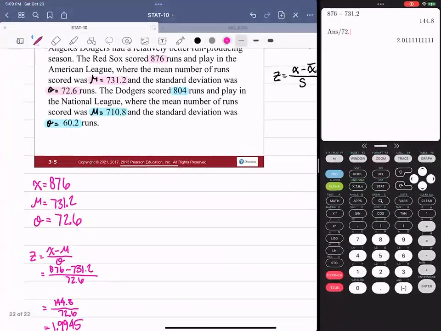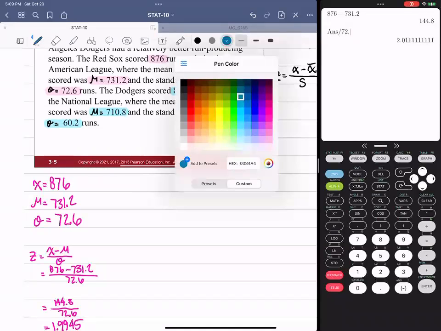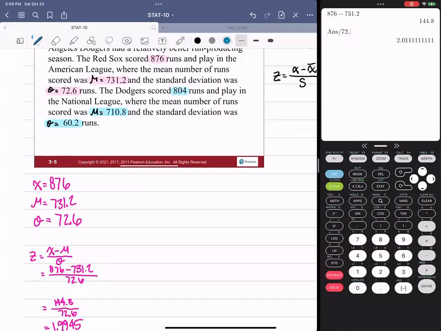Now let's look at the stats for the Dodgers. For the Dodgers, x in this case is 804. National League, the mean number of runs is 710.8, with a standard deviation of 60.2.